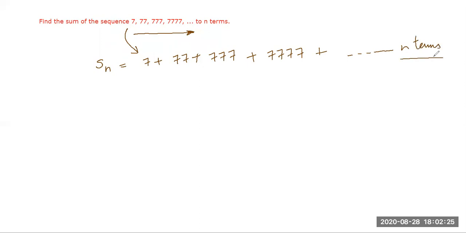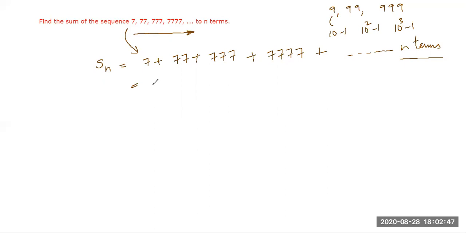Yes. So first, you see, if I get 9, then 99, then 999, then I can convert 9 into 10 minus 1, 99 into 10 square minus 1, 999 into 10 cube minus 1, something like that. So I want to make 7 as 9.